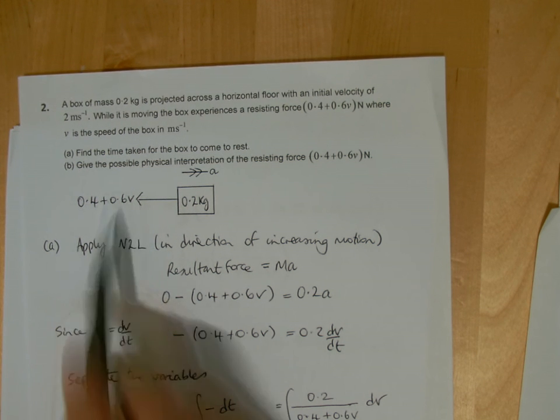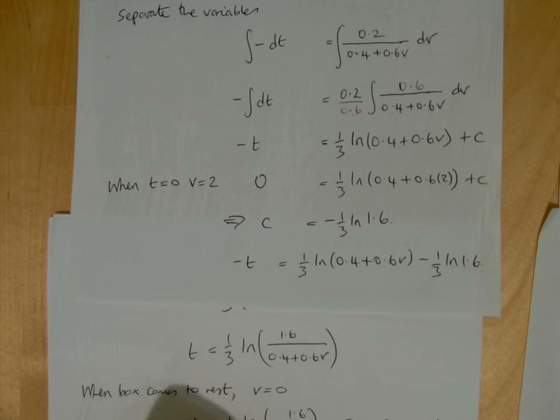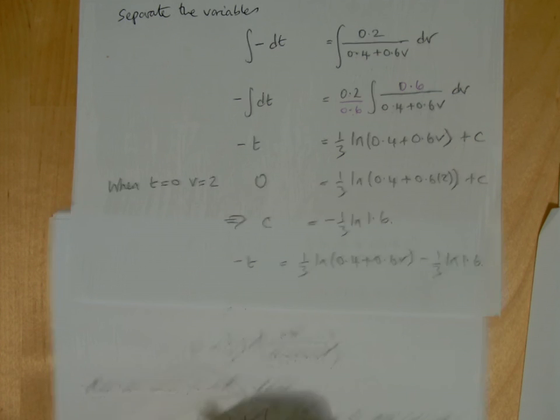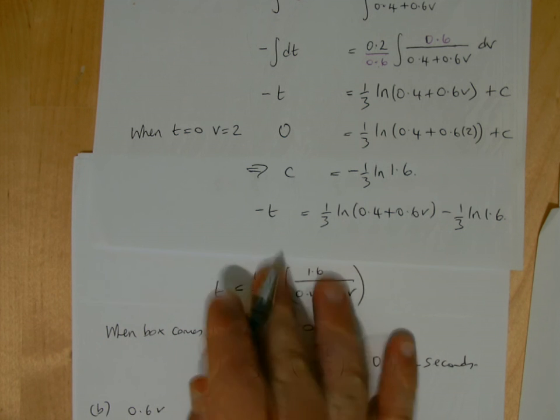This 0.6v probably refers to the air resistance.